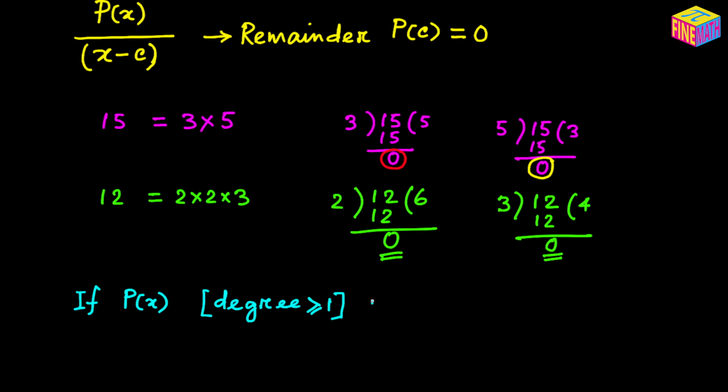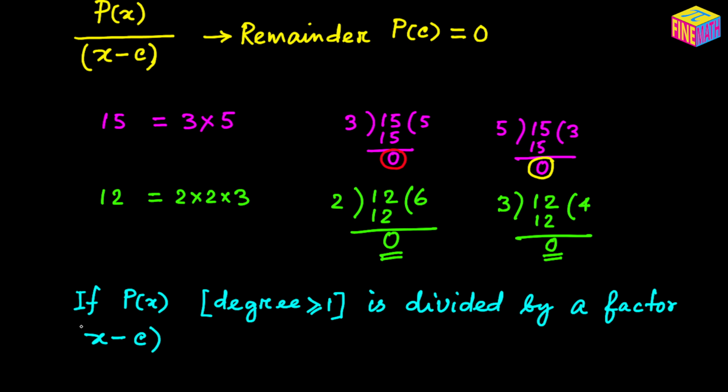So if this polynomial is divided by a factor, meaning one of its factors, a linear polynomial x minus c, so let's assume that x minus c is a factor of the polynomial, then p of c will be equal to 0, and p of c is nothing but the remainder when p of x is divided by x minus c.